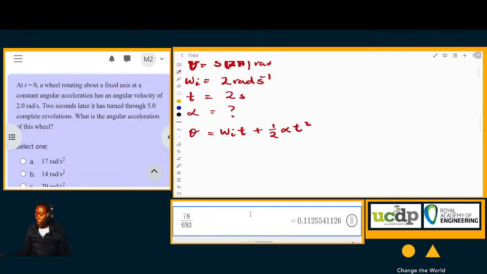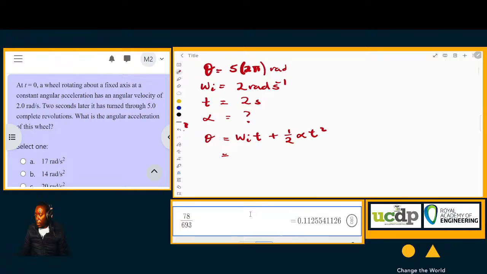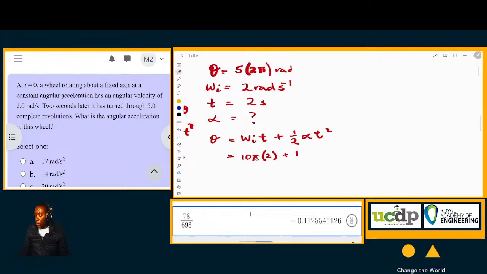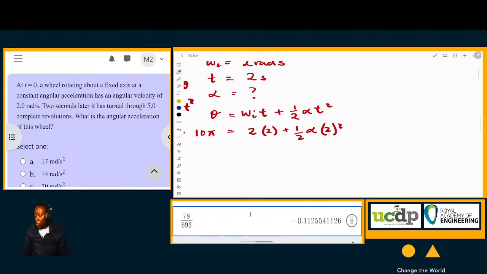So everything is given: theta being 10 pi, omega I is 2, t being 2, so 10 pi equals 2 for omega times 2 for t plus half alpha times 2 squared. So already alpha is the only unknown. It means we have 10 pi minus 4, multiplied by 2 over 4, is equal to alpha.